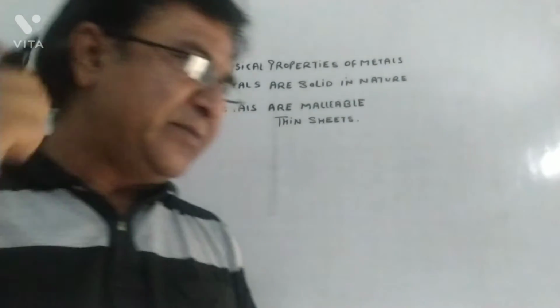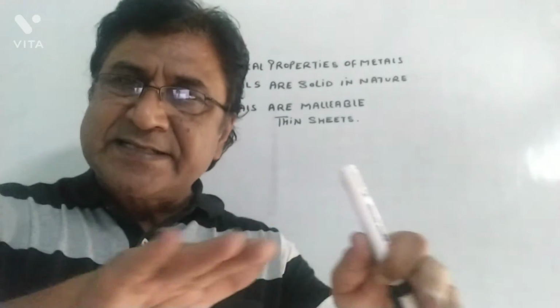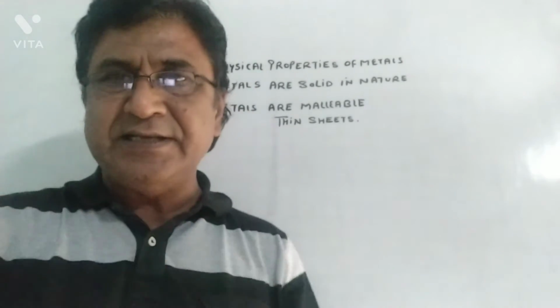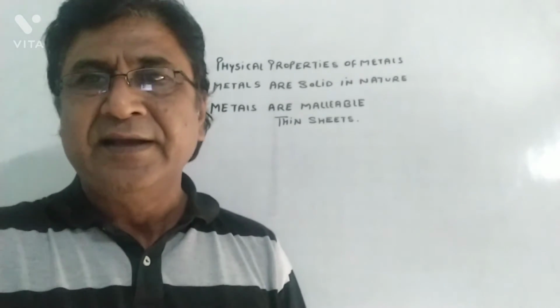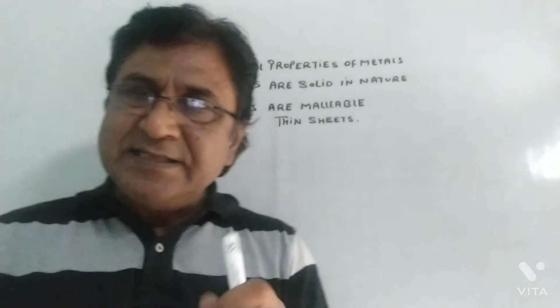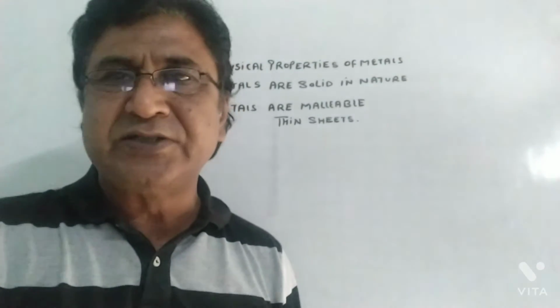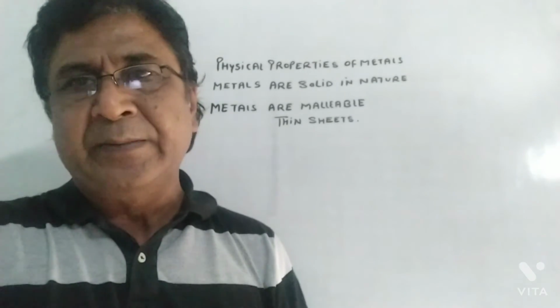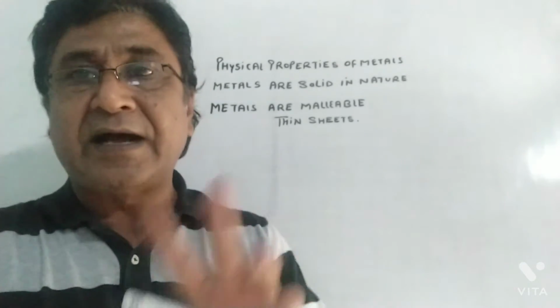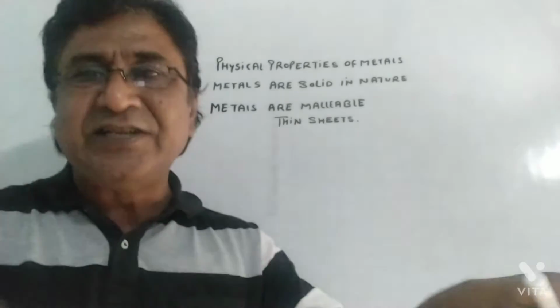If we hammer a metal, it does not get broken up. It rather converts itself into a thin sheet. The question is, why is it not broken? Because of the atomic strength. Metal atoms have a great strength. They can be subjected to higher pressure or a higher force, but they will not get separated. Rather, they will stretch and become a thin sheet.